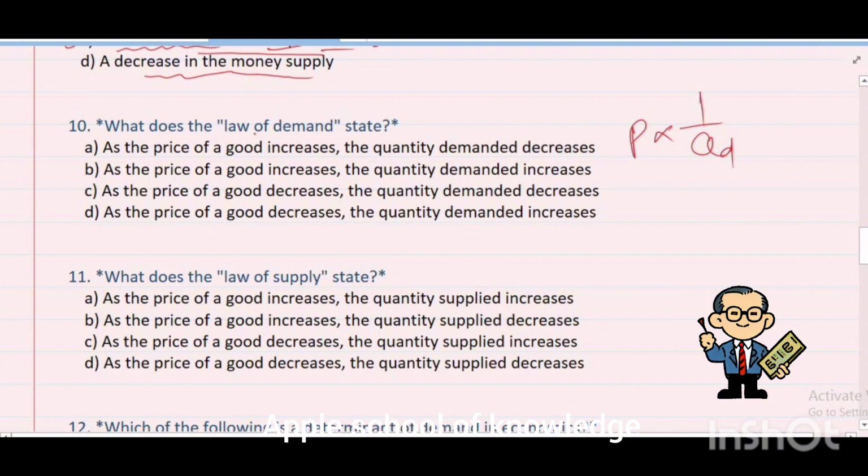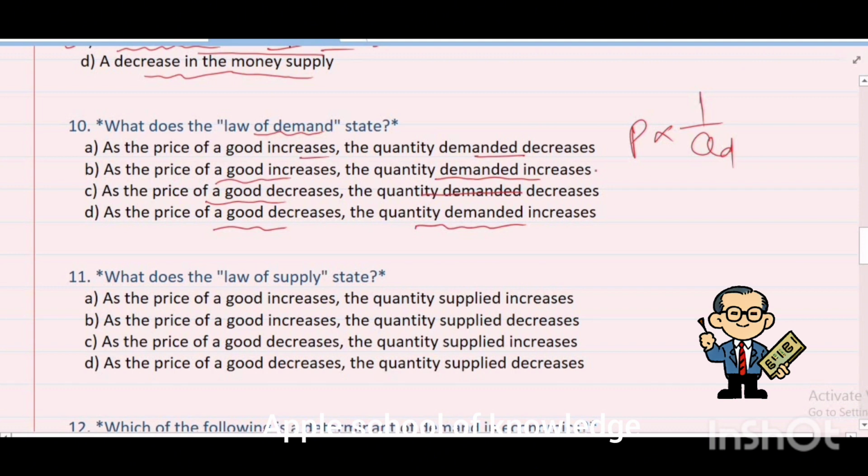Here you see the options. The first one: the price of the good increases, the quantity demanded decreases. The price of the good decreases, the quantity demanded decreases. And the price of the good decreases, the quantity demanded increases.